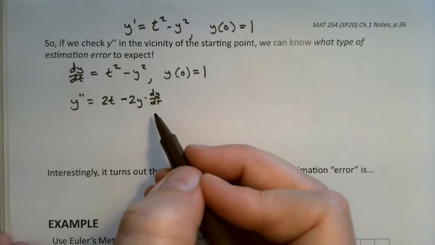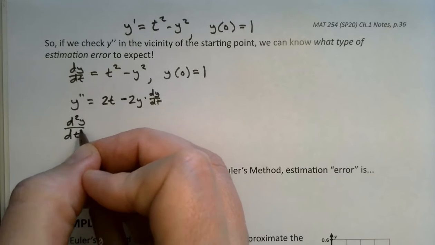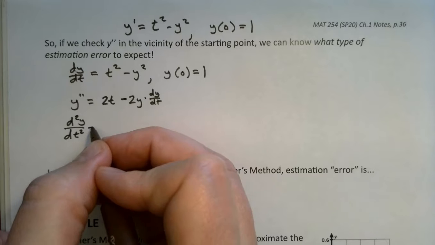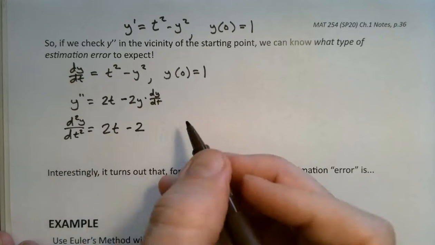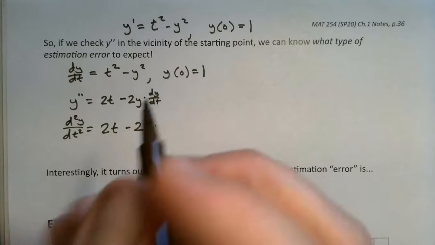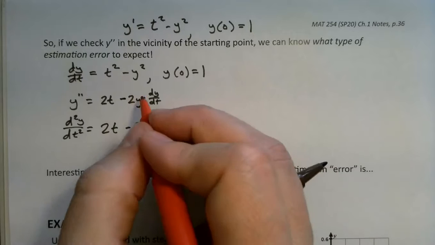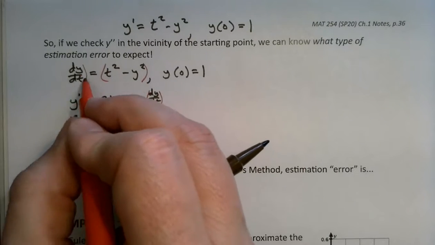And this is our second derivative. This is our d2y dt squared. So that means it's really 2 times t minus 2 times y times the derivative. And this right here is the first derivative, which is all this stuff right here. That's dy dt.